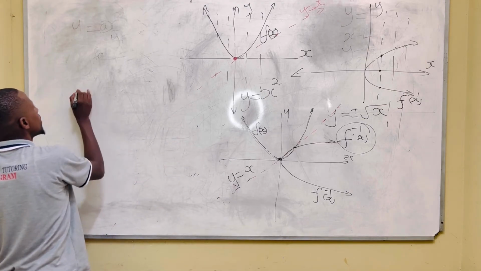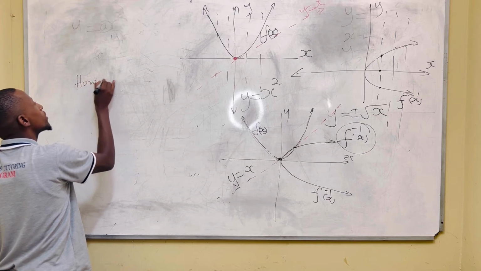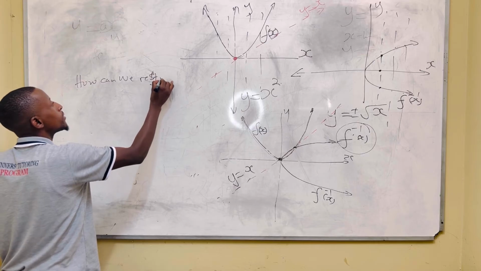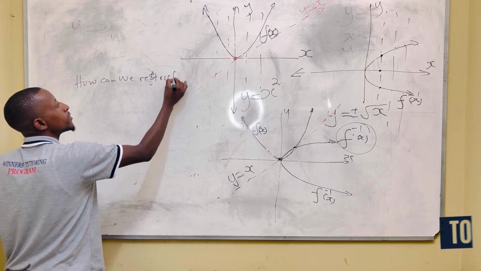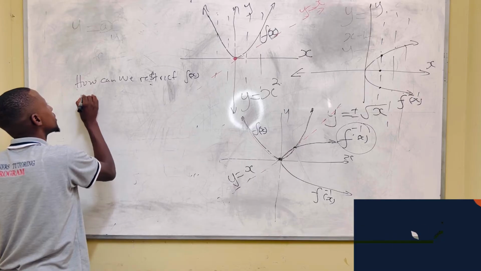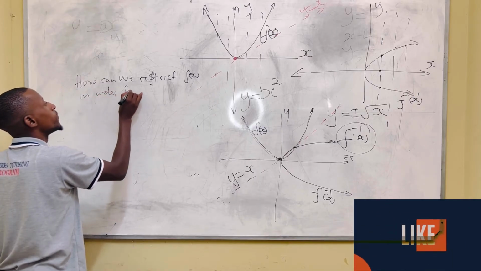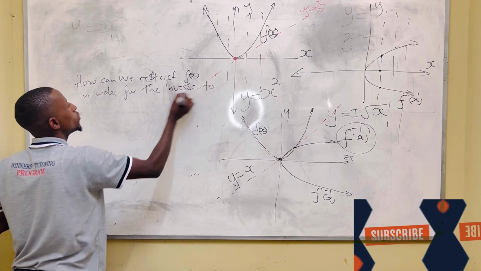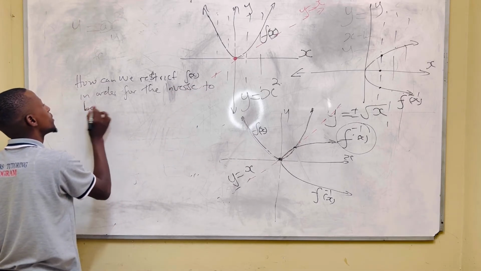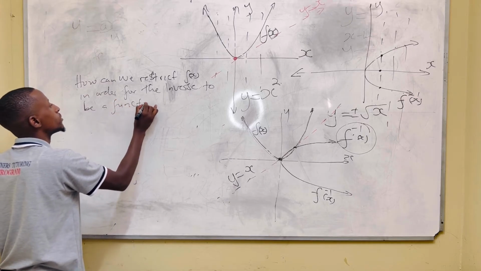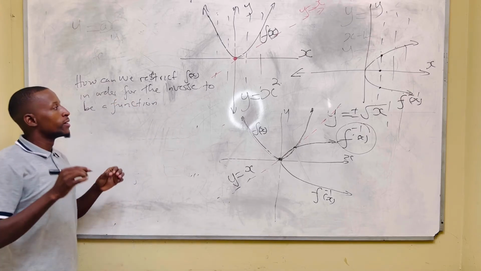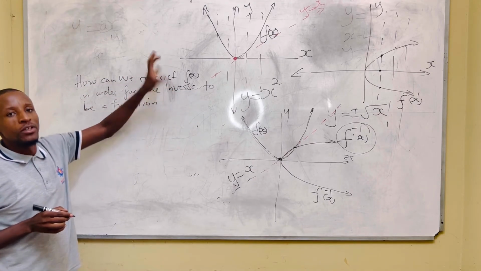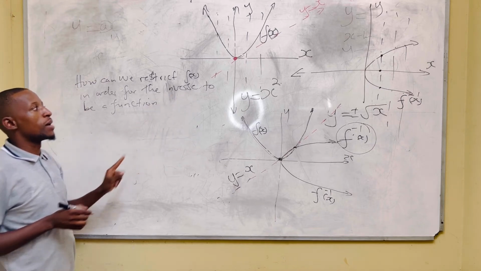The question will say, how can we restrict f of x in order for the inverse to be a function?